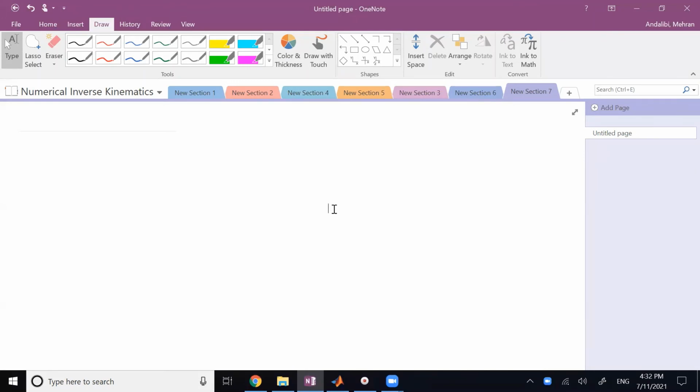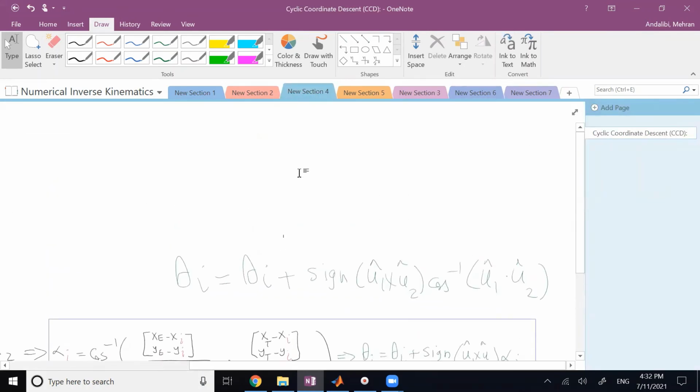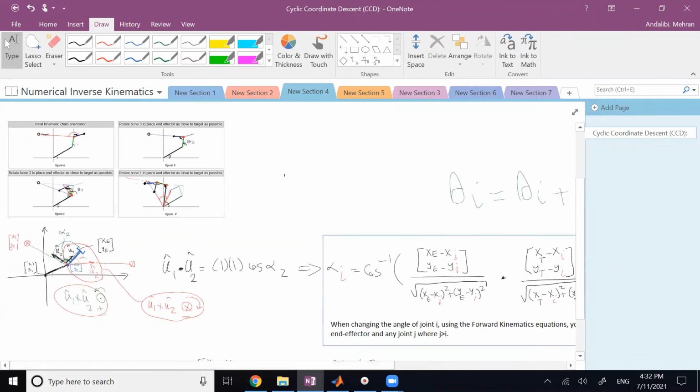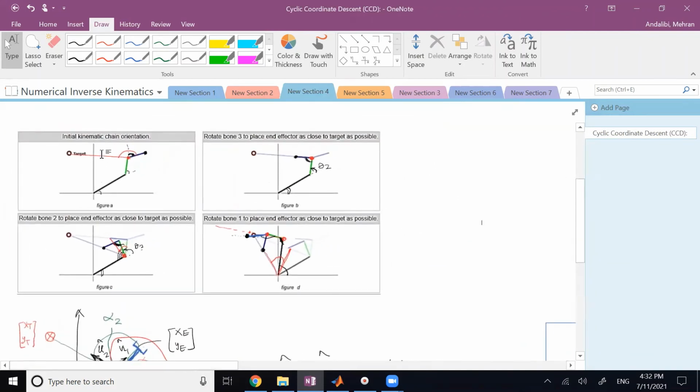One thing that just came to my mind, and again, if I were you, I would ask: is this algorithm that I just showed to you, this CCD method, really a good algorithm? It looks to be working fine.